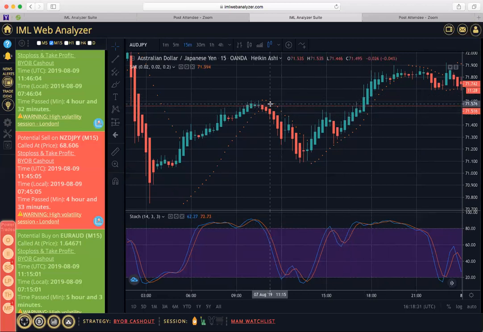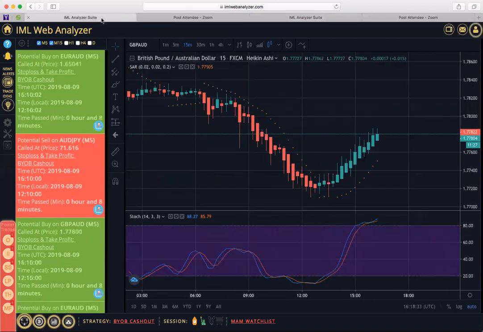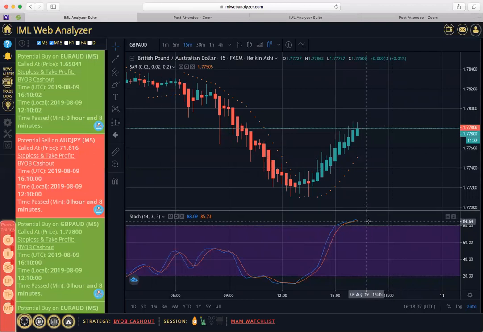So just so you can see a real live setup, this is what it would actually look like as it's setting up. So we notice that the web analyzer will call a trade. I have my stochastic beginning to turn. It has not turned yet, but this is what it will look like in real time.